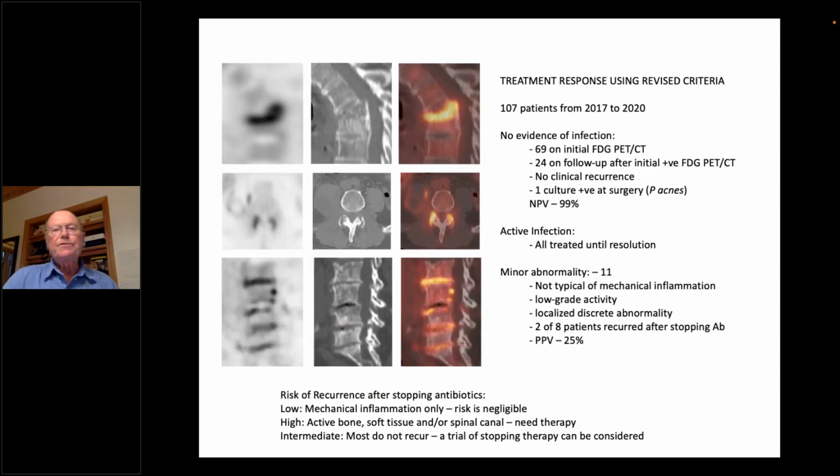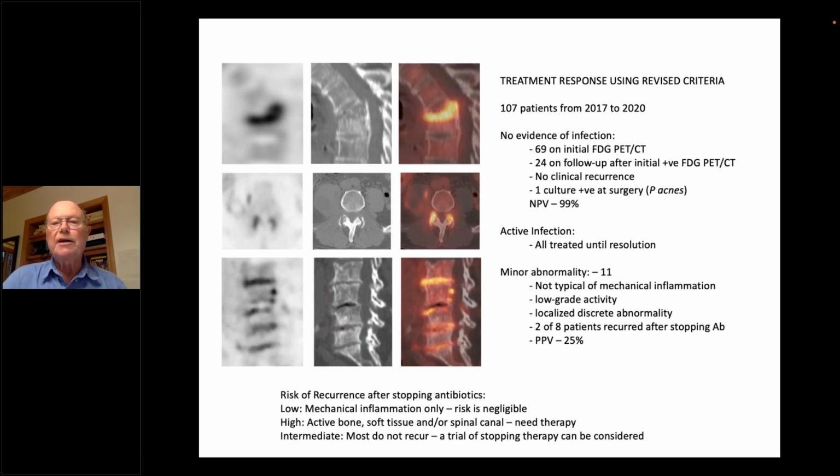We recently reviewed our results for assessing treatment response with the revised criteria, and we had 107 patients from 2017 to 2020. 69 had no evidence of infection, and an additional 24 on a follow-up PET CT after an initial positive study.